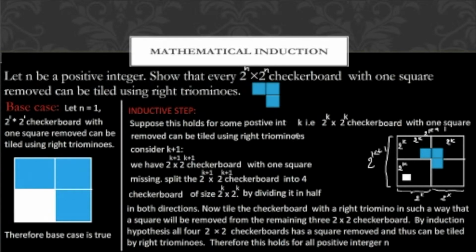And remember, in the inductive step, I want to suppose it holds for some arbitrary value k, which is what we've done. And what I want to do is show it's going to hold for k+1. So now we're going to consider a 2^(k+1) by 2^(k+1) checkerboard with one square removed.